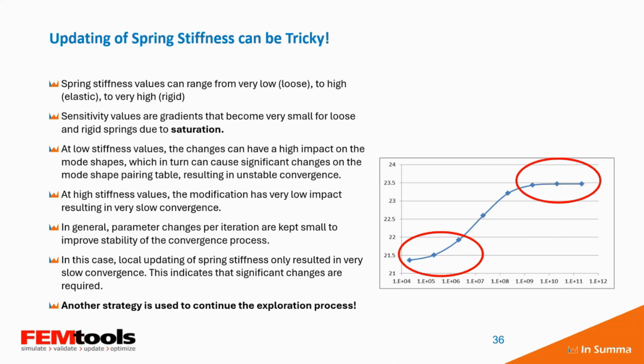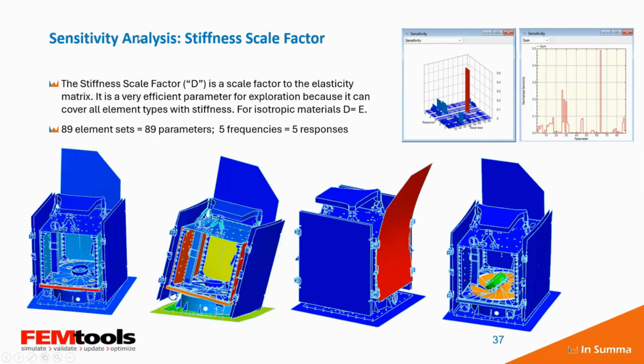I mean, if it's very rigid and it should be loose, or vice versa, I think those changes should be made in a manual way first, and the automated updating is only used for fine-tuning the spring stiffness. So therefore, we chose another strategy by introducing the stiffness scale factor as the updating parameter.